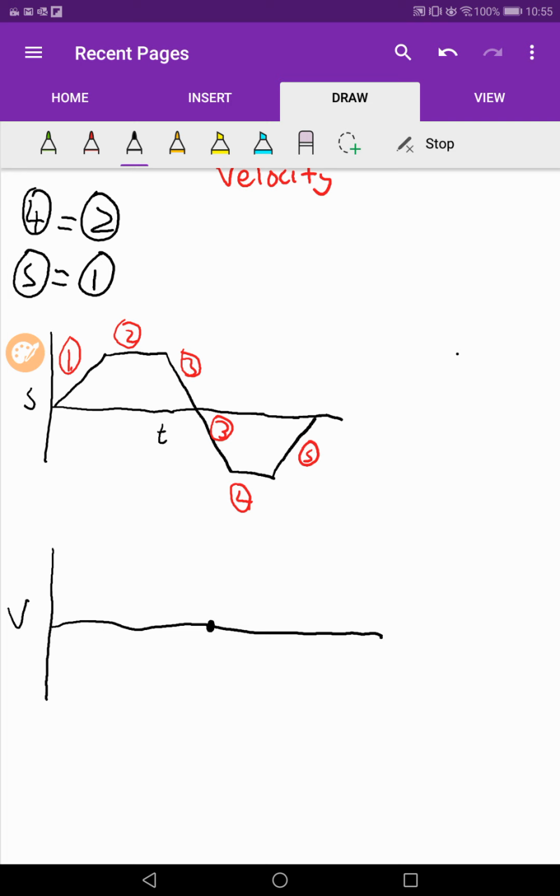So that's going to be like this. And then we immediately stopped. Part 2. And then we had a negative velocity for a while.